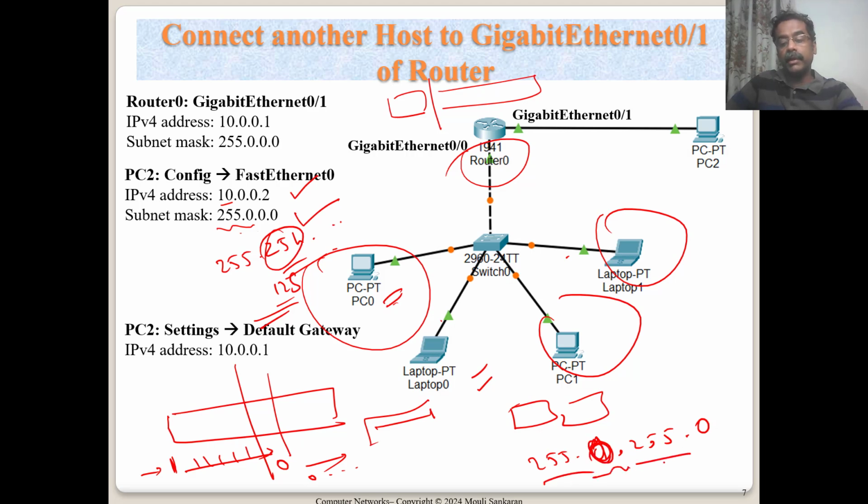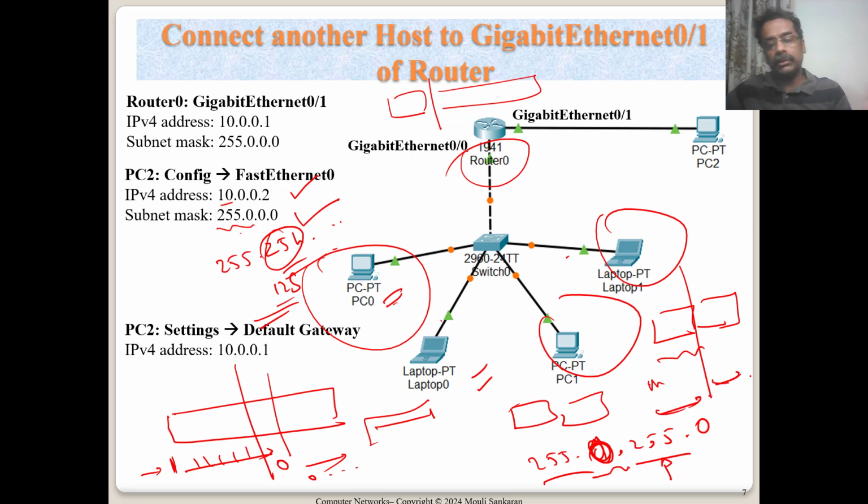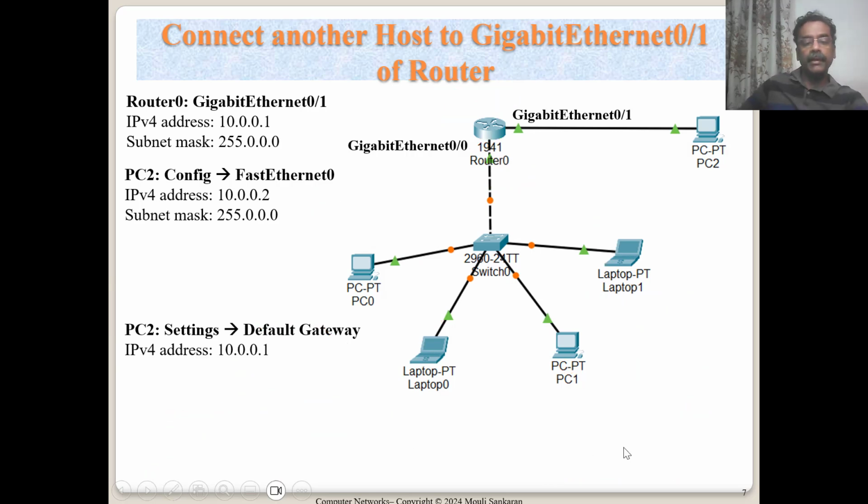You cannot divide the network ID portion into two parts. The network ID portion needs to be all bits together from the MSB, contiguously, and then the host ID portion starts. Taking some arbitrary part of the IP address as a network ID is not the standard way of allocating network addresses. So this is how you configure it.